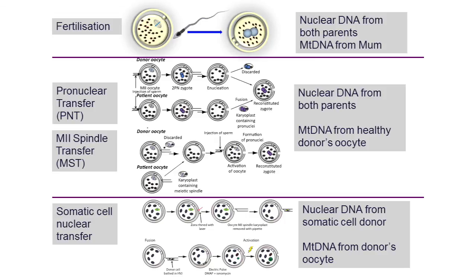And in somatic cell nuclear transfer, we get nuclear DNA from the somatic cell and mitochondrial DNA from the donor egg. A key point here is that these two have a unique nuclear genetic identity, whereas this one is an exact copy of the somatic cell from which it was derived.